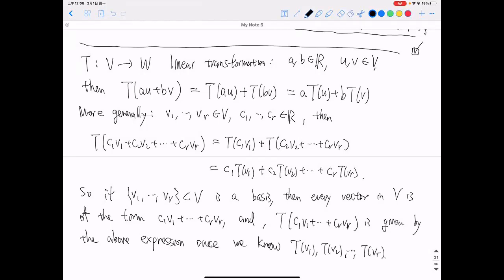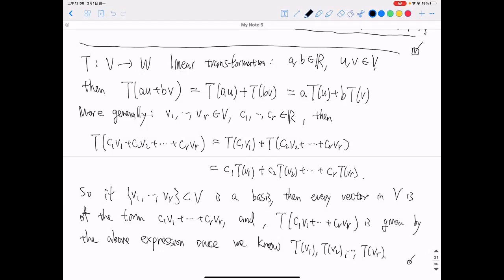So in other words, to describe a linear transformation, when we have a basis, all we need to know is how the linear transformation works on basis vectors.